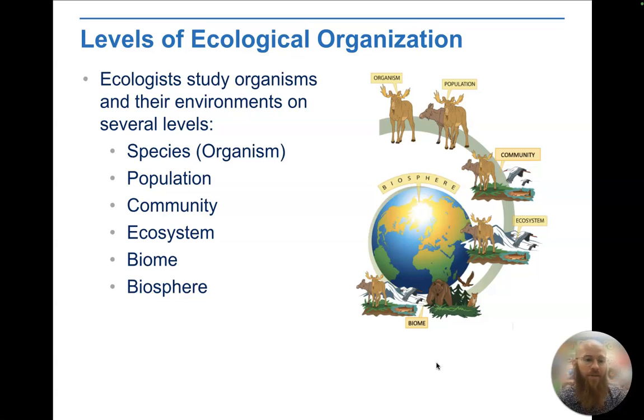Different communities come together to form an entire ecosystem. And if you take ecosystems, they would form a biome. If you take all of the ecosystems that are similar. And then if you take all of the biomes that exist on our planet, that is what gives you our planet itself. And another term we can use for that is the biosphere.